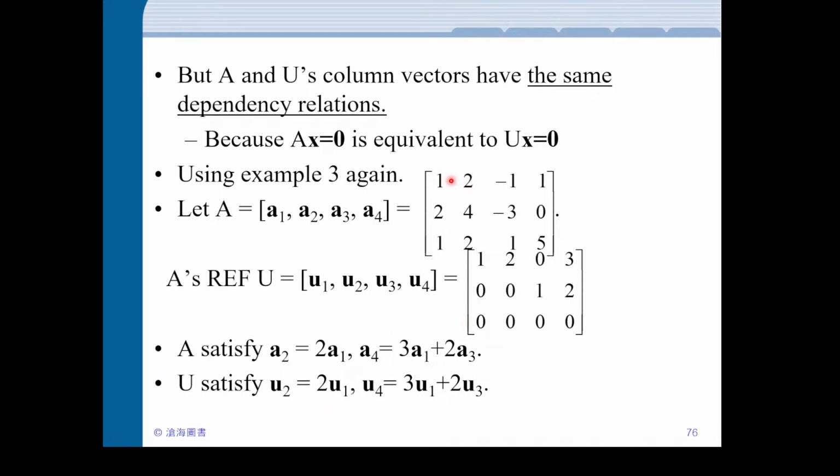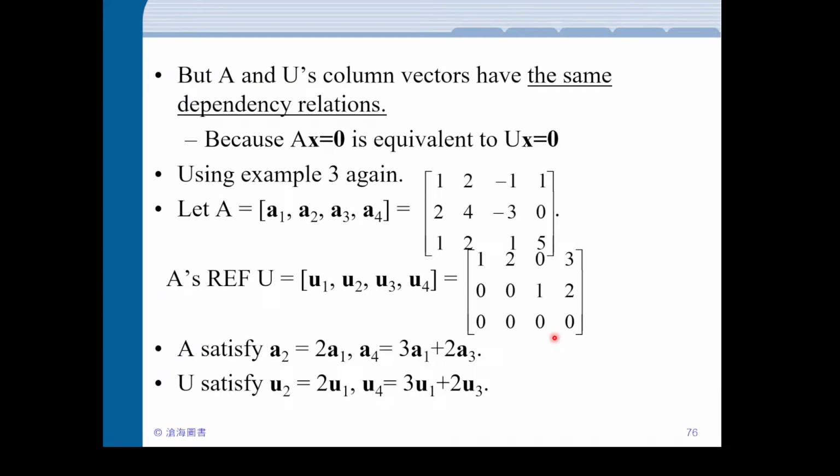You multiply by 2 of this column to get this column, and multiply by 2 of this column to get this column. You can also check more complicated examples. So a4 will equal 3a1 plus 2a3, and also u4 equal to 3u1 plus 2u3, etc. So the dependency relation will be satisfied.